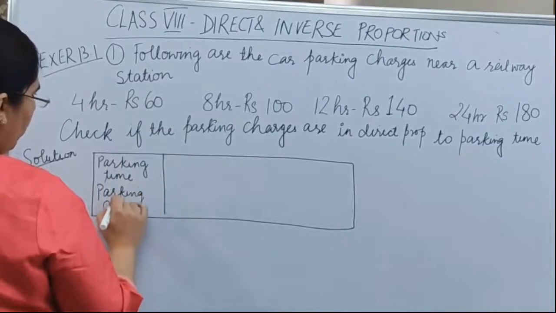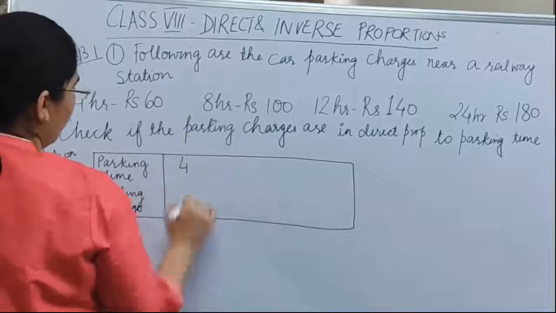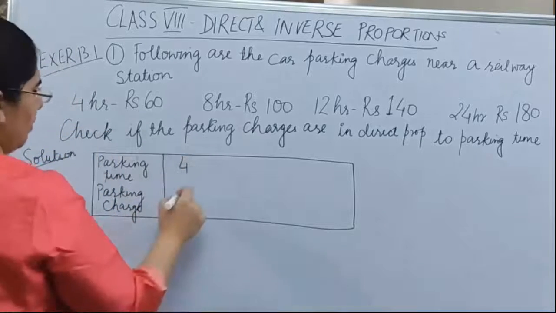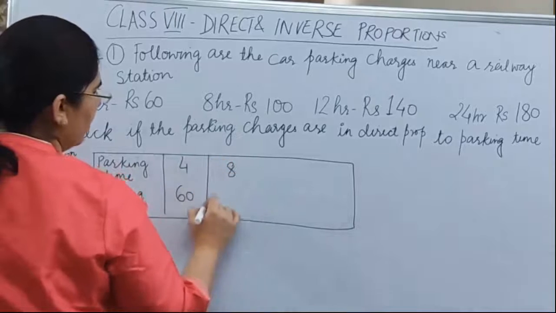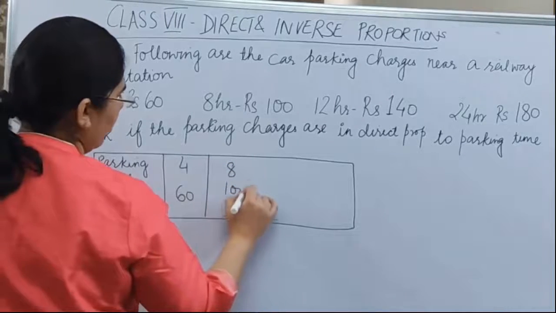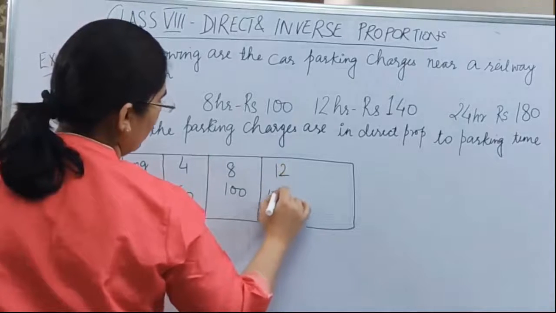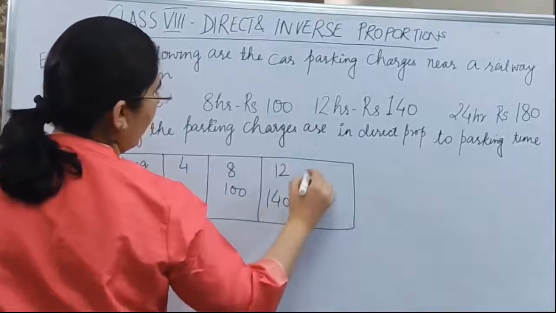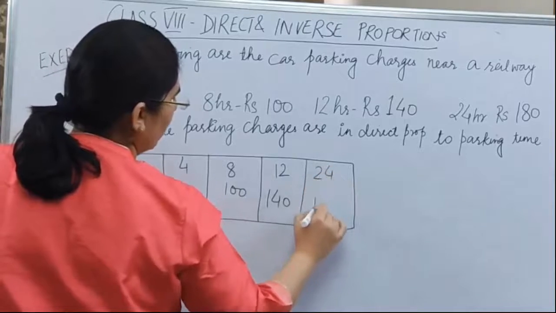These are the two quantities. For a 4-hour parking time, the charge is rupees 60, for 8 hours it is 100, for 12 hours it is 140 and for 24 hours it is 180.